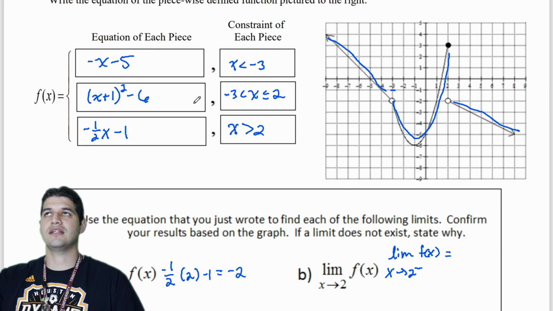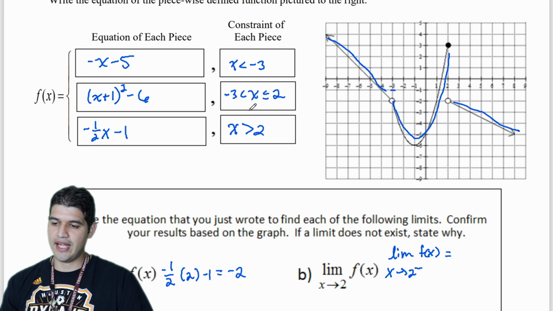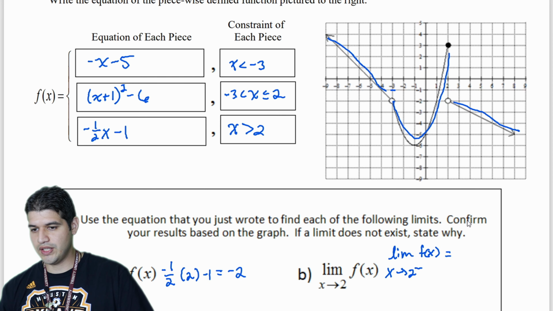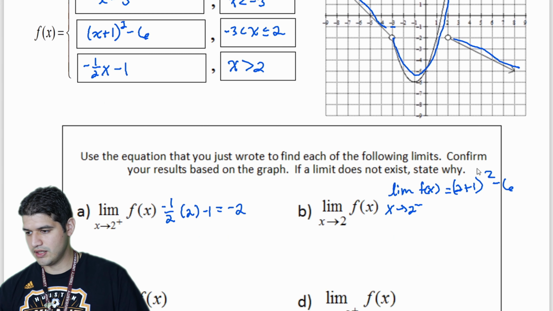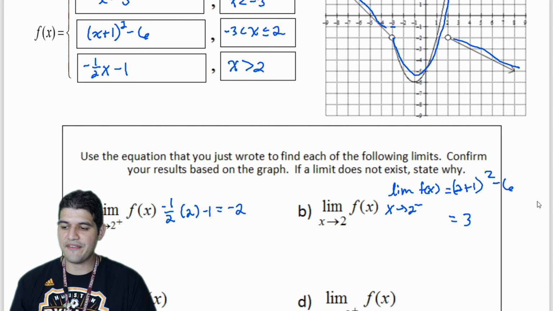I'm going to substitute 2 into this equation: 2 plus 1 squared minus 6. 3 squared is 9, and 9 minus 6 gets me 3. So that's the left side.